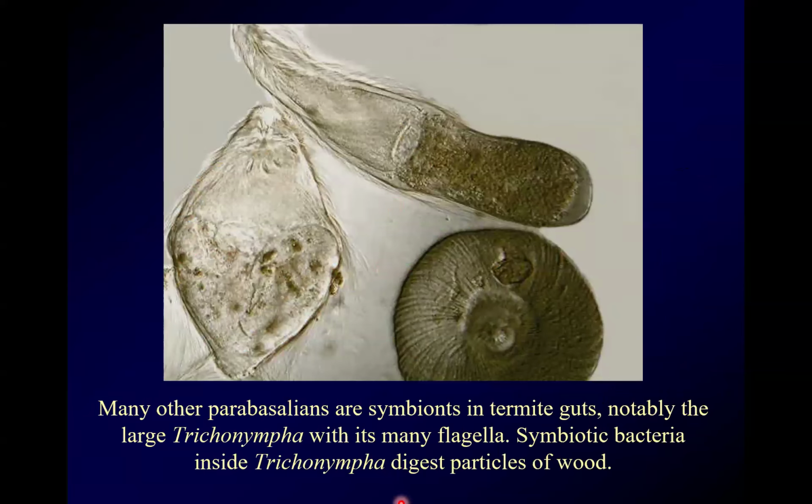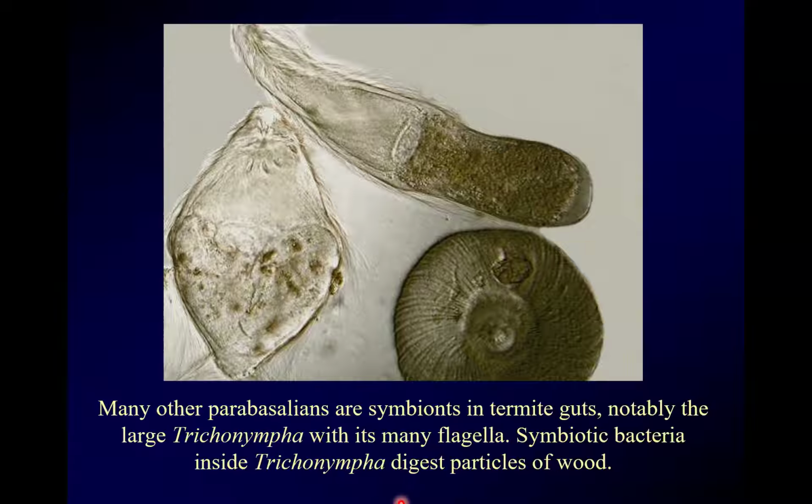You can find Trichomonas, other species, in the guts of termites. There's a lot of this particular subgroup of excavates that are gut symbionts in termite guts. This is one we used to see a lot. Some years we do this here and some years we don't.